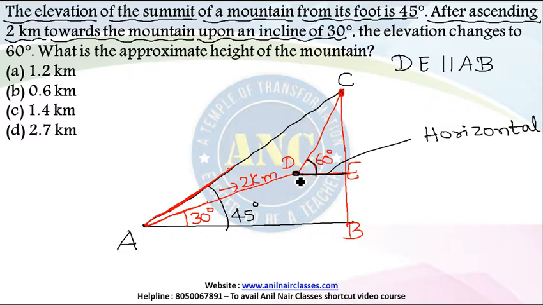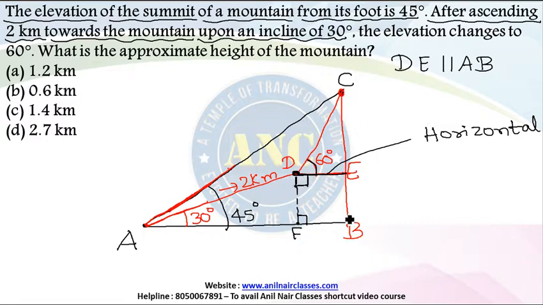Now, if I drop a perpendicular from D, perpendicular means this angle is 90 degrees. I will name this point as F, right? This angle is 90, and because this is horizontal and this is the perpendicular I am drawing, this angle also becomes 90 degrees.